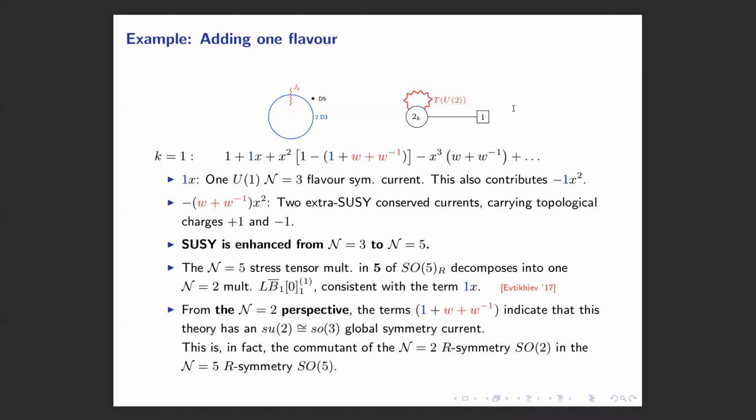Yes. We looked at the OSP class of theories, and so far we haven't found anything that matches this index. It's a scan. Of course, you can ask about more complicated backgrounds that might preserve N=5. This we cannot answer.